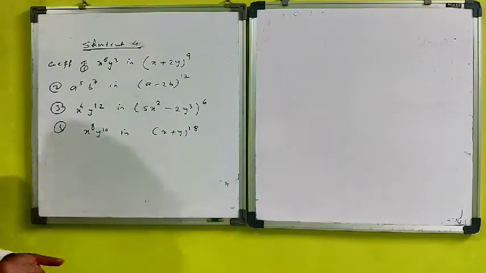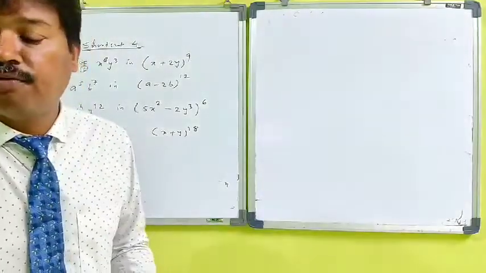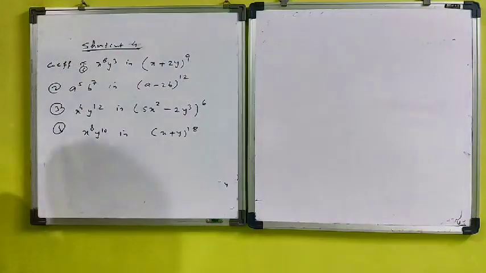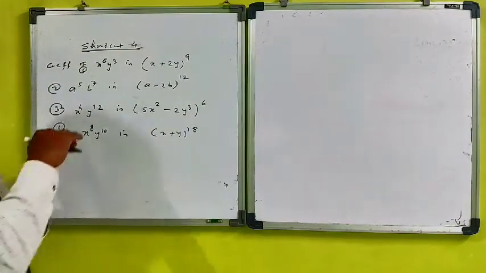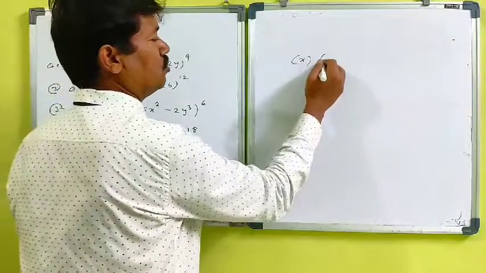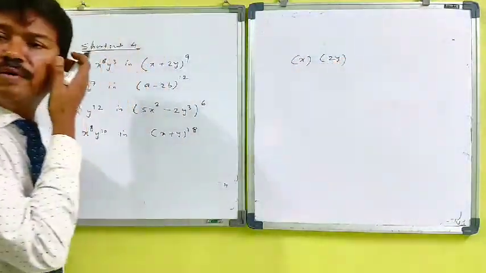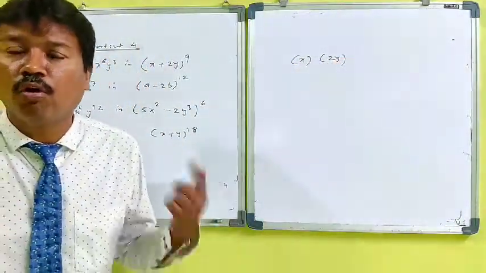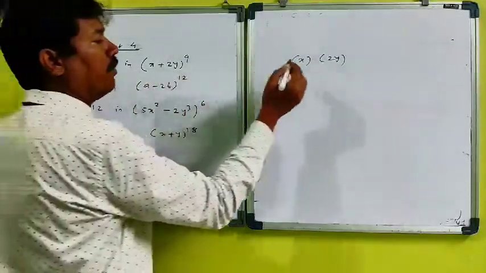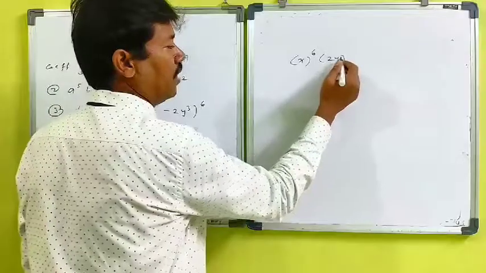So if you get any such question, you find the coefficient of this into this. How to do that? It's very simple. Whatever is given, x and y, write it as it is. Now what do we want? We want the coefficient of x to the 6 y cube. So give x the power 6 and y the power 3.